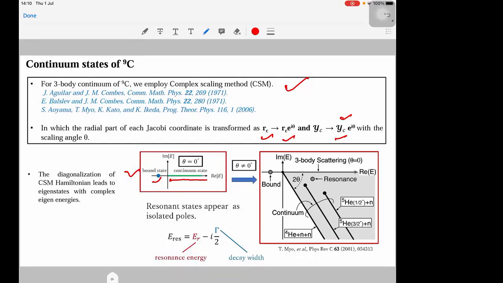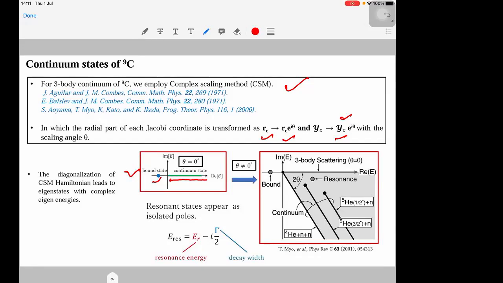Once we scale our Hamiltonian by using the transformations based on the scaling angle, we have eigenenergies which are complex. So one can identify the resonances by plotting the eigenenergy values in the complex energy plane.